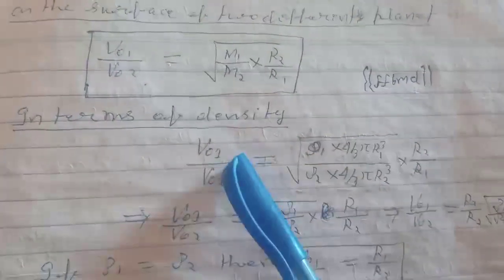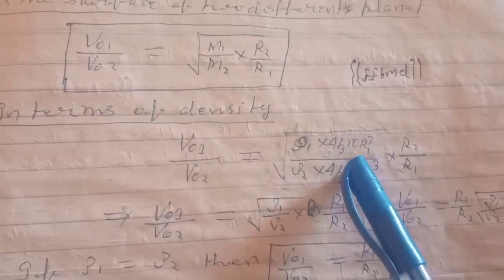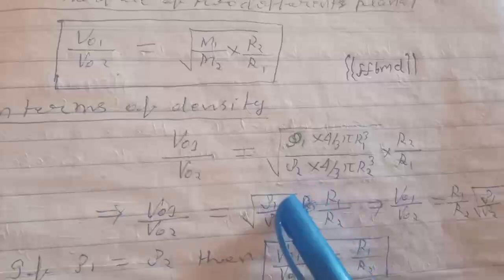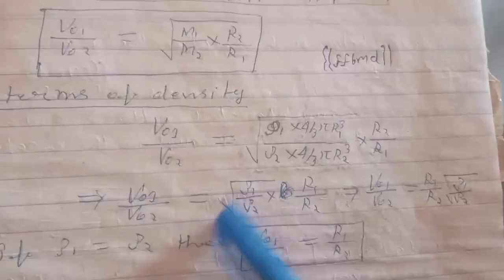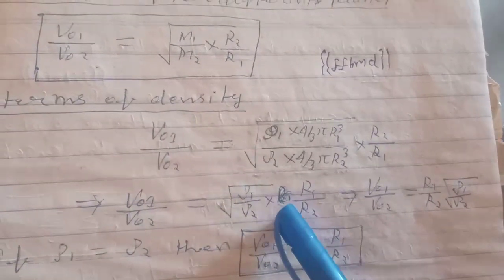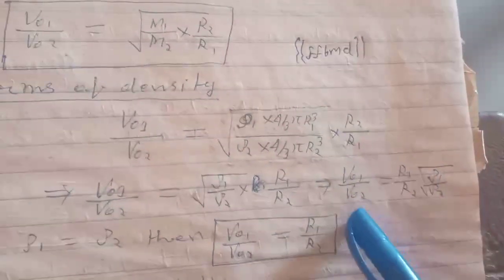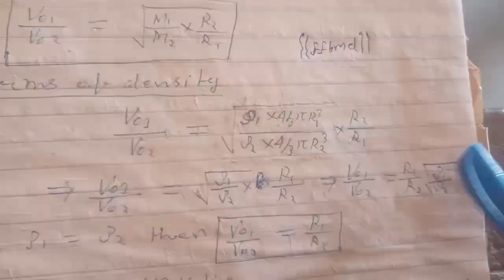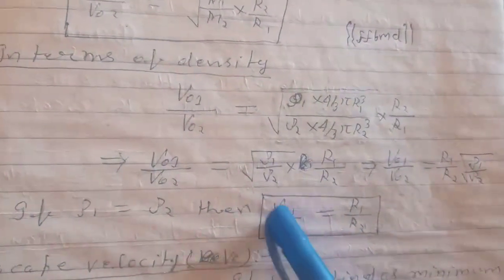In terms of density, v₀₁/v₀₂ = √(ρ₁ × 4/3 πR₁³ / (ρ₂ × 4/3 πR₂³) × R₂/R₁), so v₀₁/v₀₂ = R₁/R₂ × √(ρ₁/ρ₂). If ρ₁ equals ρ₂, that is, density is the same, then v₀₁/v₀₂ = R₁/R₂, that is, orbital velocity is proportional to the radius.